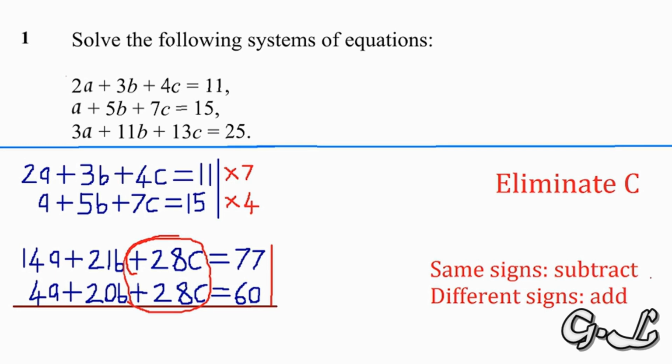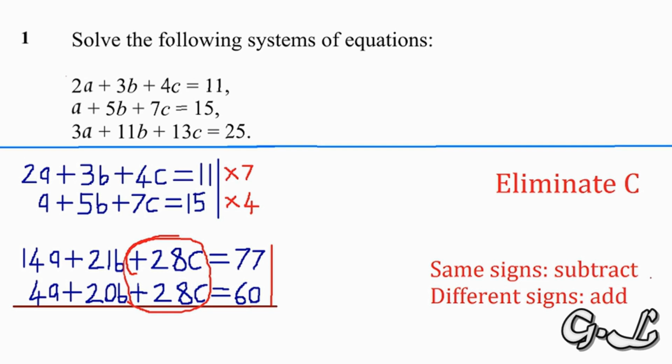So if we had negative 28 on the top part and also negative 28 on the down part, we're supposed to subtract as long as we have the same signs. And if we have different signs, we need to add. That's one thing that you need to keep in mind.